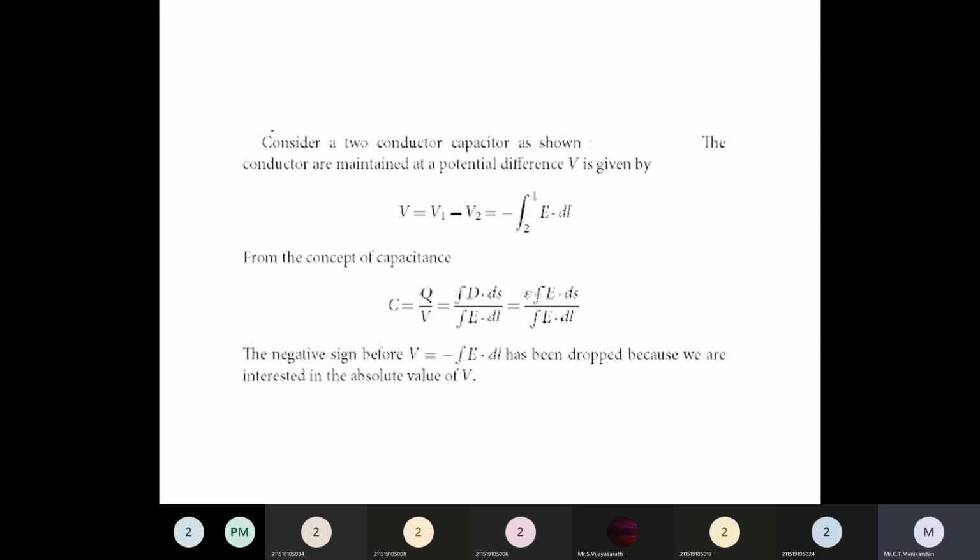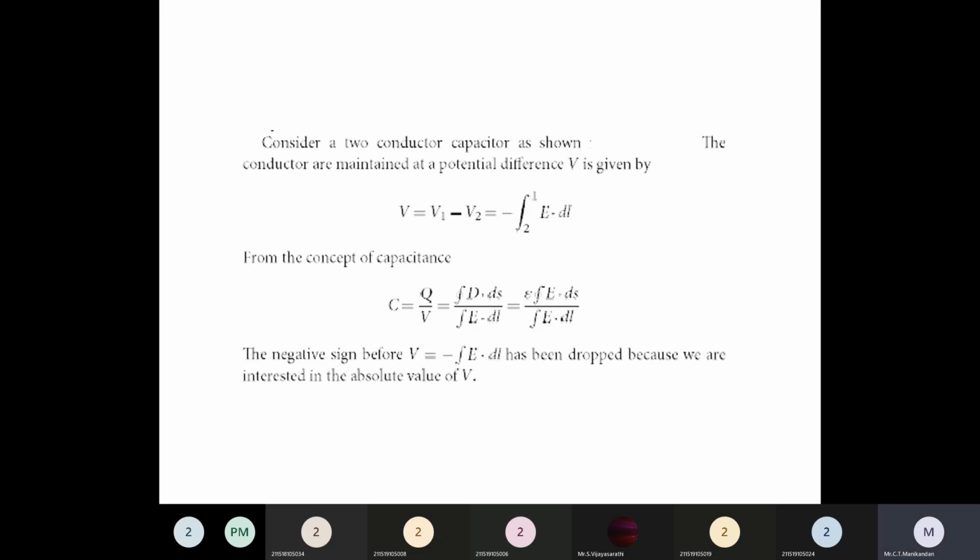In terms of electric field, how can we define the capacitor? C equal to Q by V. From Gauss law, Q equal to the surface integral of D dot ds, which is epsilon naught times the integral of E dot ds.